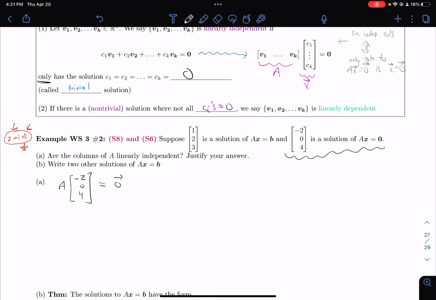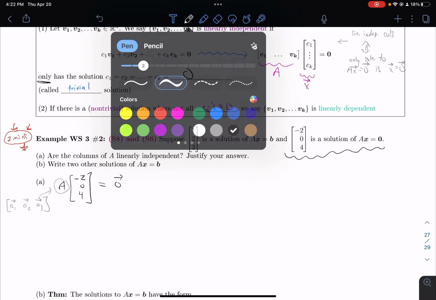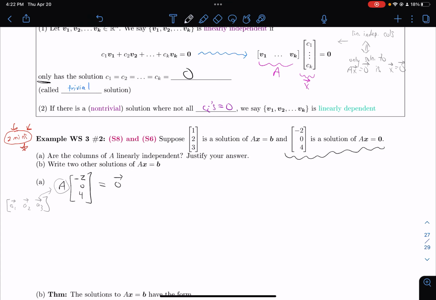If I were to write A in terms of its column vectors, because I'm multiplying it by a vector that has 3 entries, for that to work out, A needs to have 3 columns, A1, A2, and A3. Now when I multiply that matrix by that vector, I get a linear combination of those columns.